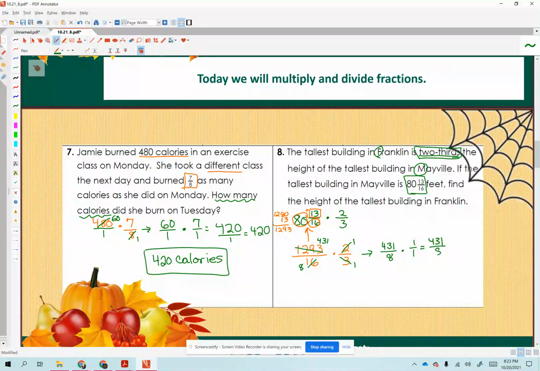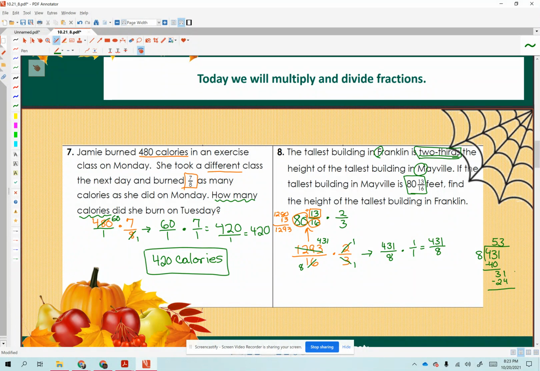431 over 8. And when we take that 431 and we divide it by 8, well, I know that 8 times 5 is 40. We bring down the 1. And I know that 8 times 3 is 24.